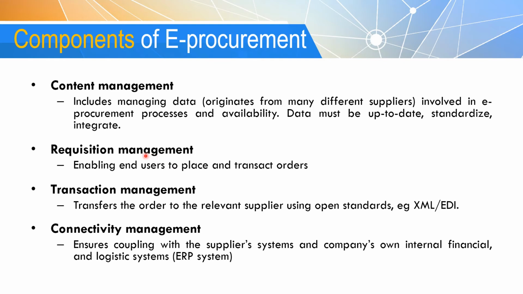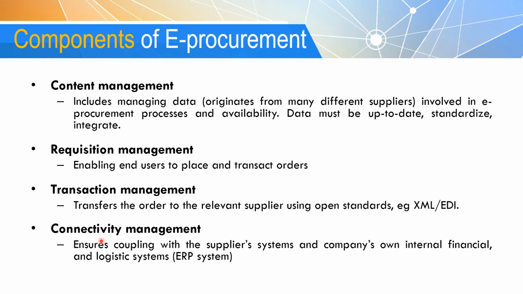So the e-procurement must have a function where each person in charge in the department will be able to place and transact the orders. Maksudnya dia boleh tengok apa barang, who is the supplier to request for the order and so on. And then lepas dah this person request, mesti ada transaction management where we can proceed and transfer the order to the relevant supplier.